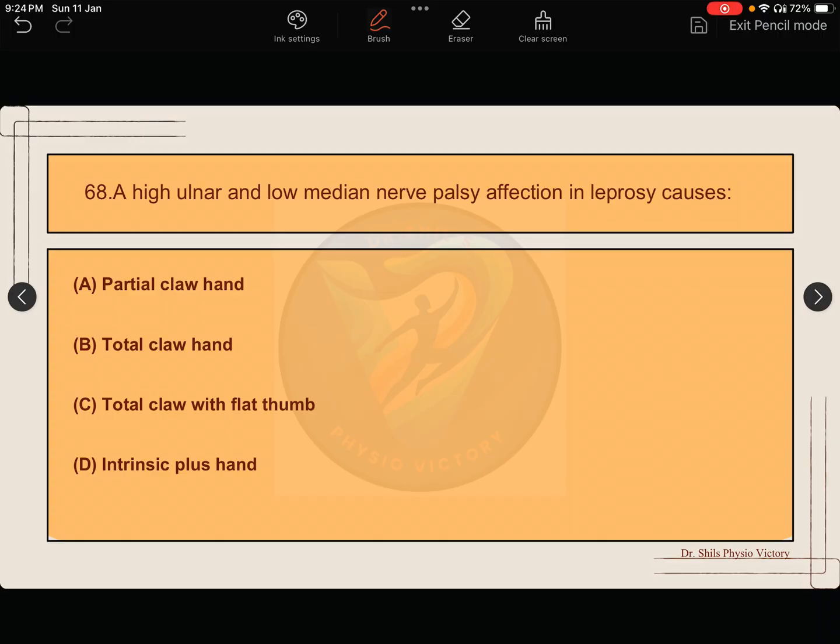So here the correct answer is total claw with flat thumb.